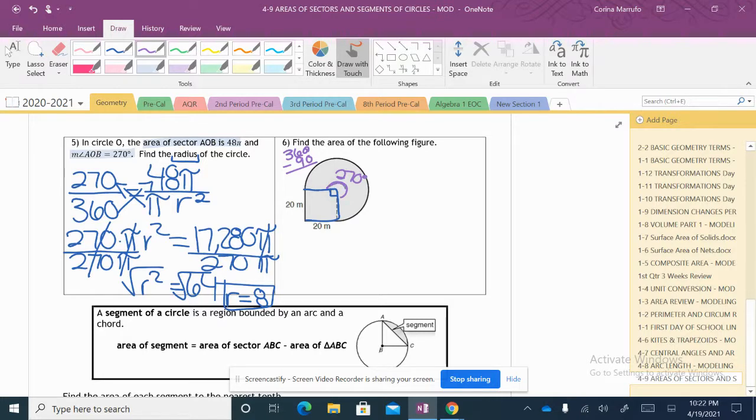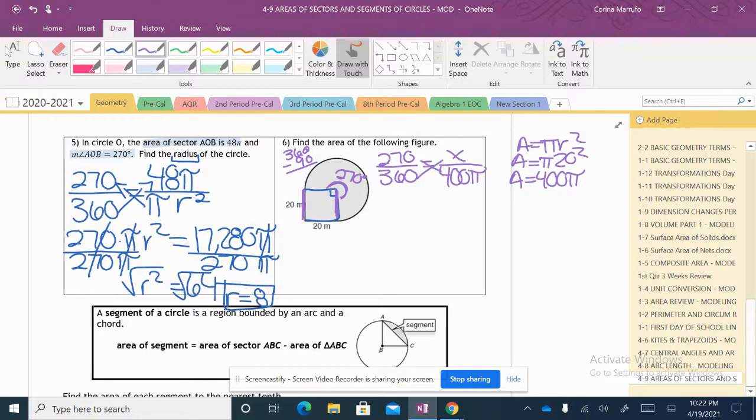So first I'm going to find the area of the sector by setting up my proportion. So 270 out of 360 equals x over my area, which is pi r squared. Okay. My radius is going to be 20 because if from here to here is 20, that means from here to here is 20. So area equals pi times 20 squared. That ends up being 400 pi.